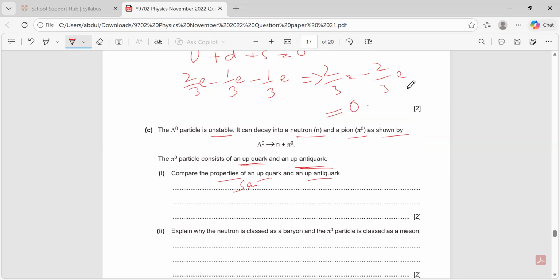They have the same mass, but they are anti-particles. Anti-particle has opposite charge but same mass. Another property, equal and opposite charge, like electron and positron.